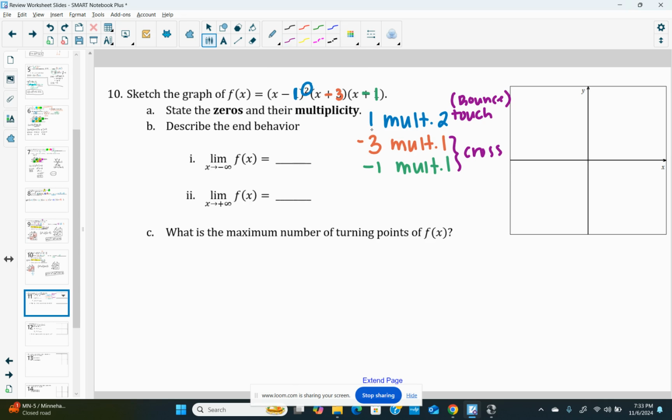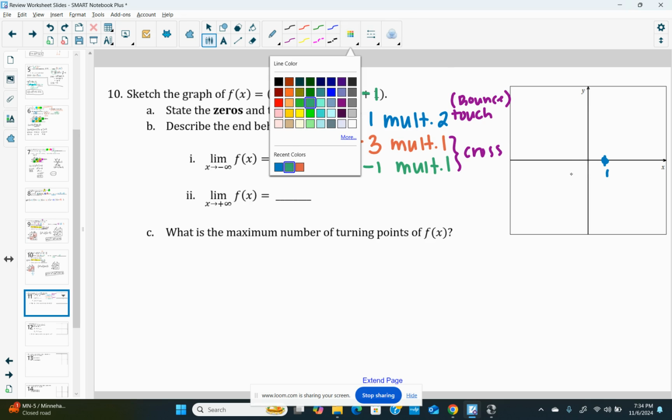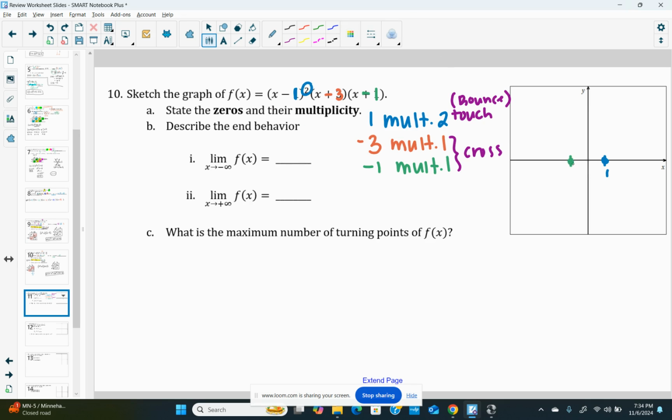So we have a zero at 1. So I know it's going to cross there. I have -1. And then I also have -3. So there are the 3 zeros.